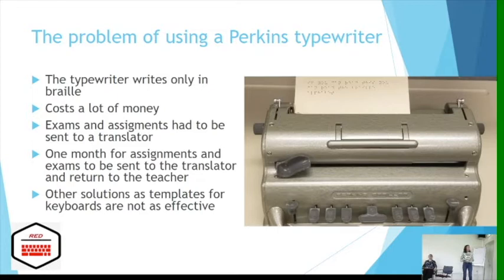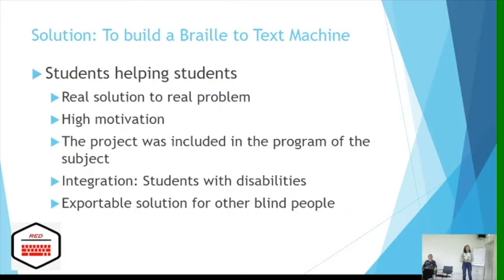Okay. So in the environment, they started to think of a solution. What kind of solution may they invent? Okay, so in the technology class, they thought that a very good option would be to build a brain-to-text machine.